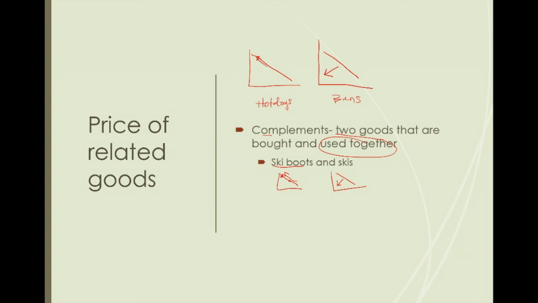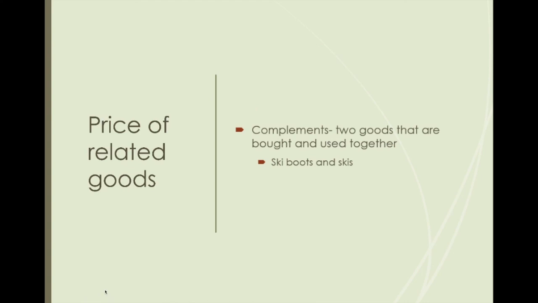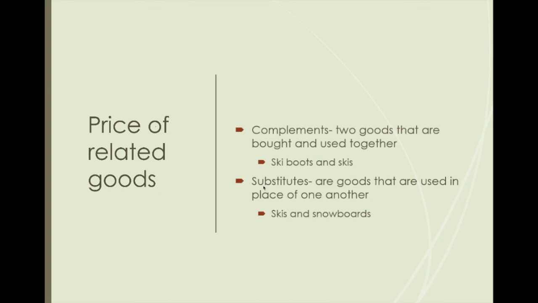You also have another effect, which is known as the substitute effect. You have these two things that are purchased in place of one another. So if skis decrease in price, let's say it goes from one point on the line to another, then it could affect snowboards because now less people are demanding snowboards because now you can buy skis.